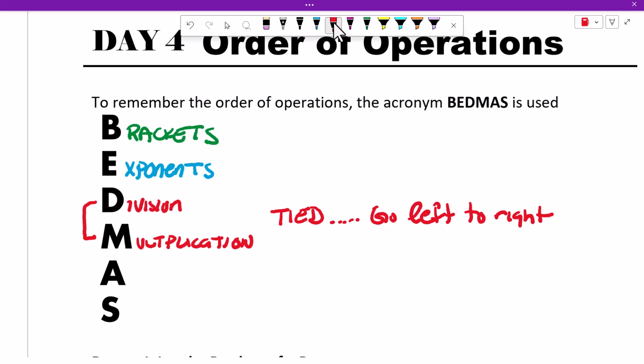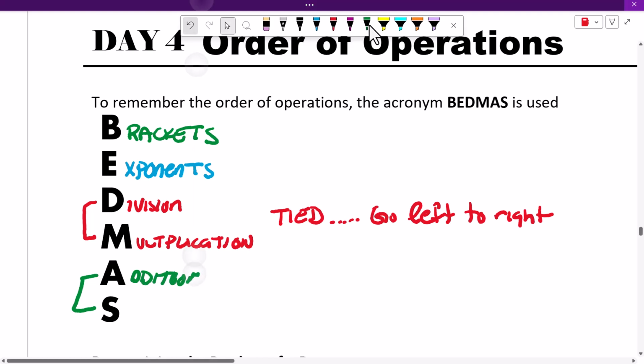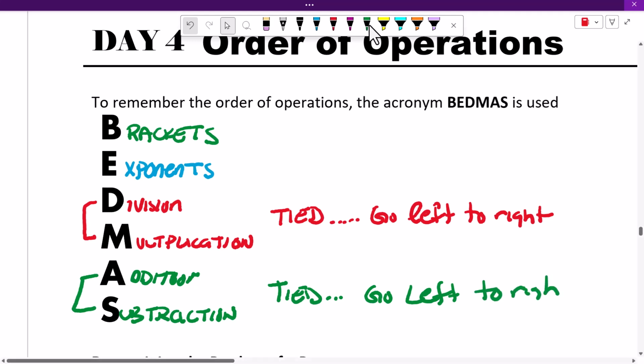And the same thing with the last two. These are also tied. You have addition and subtraction. These are also tied, right? Go left to right. All right.